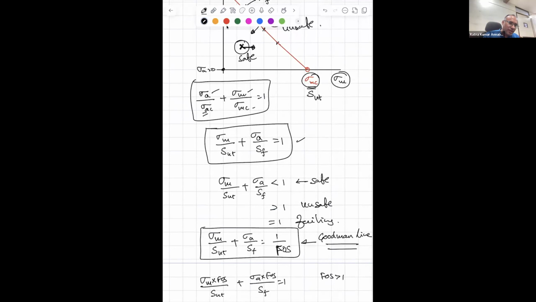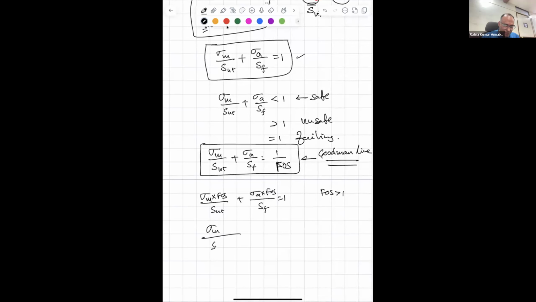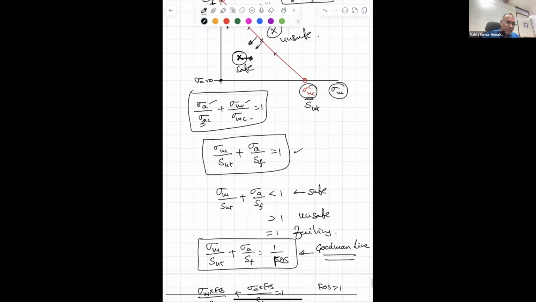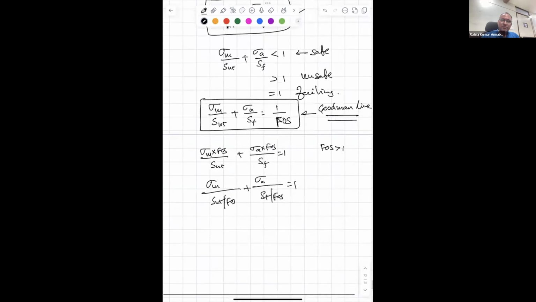Or I can also say sigma m by (SUT by FOS) plus sigma a by (SF by FOS). So SUT by FOS will bring it this way and this will bring it that way, so the equation now becomes that. Do you see that? Got it. Any other questions?